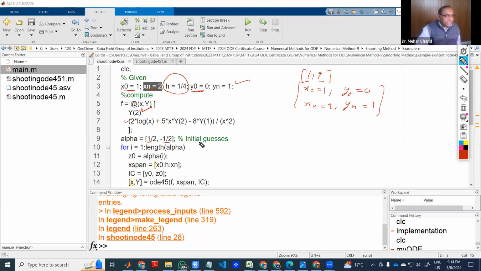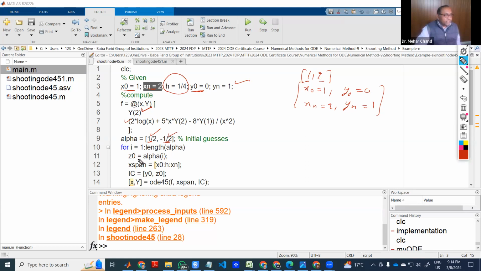These are the initial guesses which we choose here. Alpha is equal to 1 by 2 and minus 1 by 2. These are the two slopes. For i equal to 1 to length of alpha, we need to pass this value and this value.